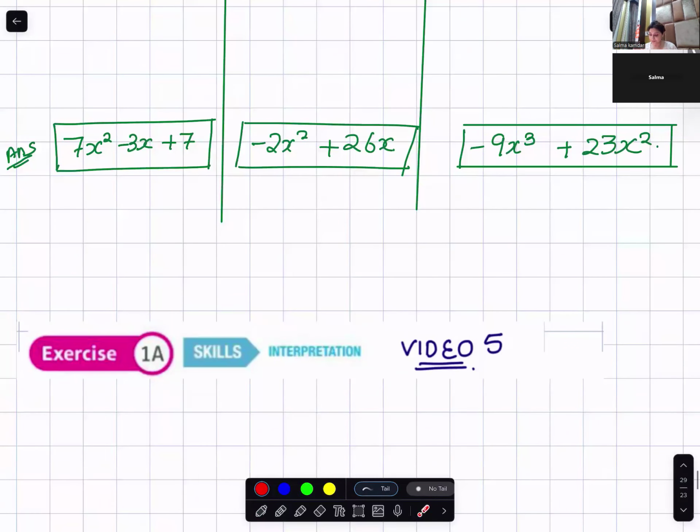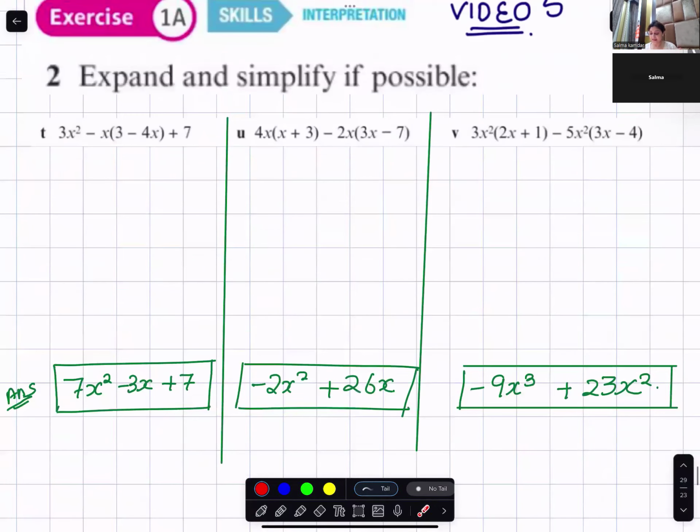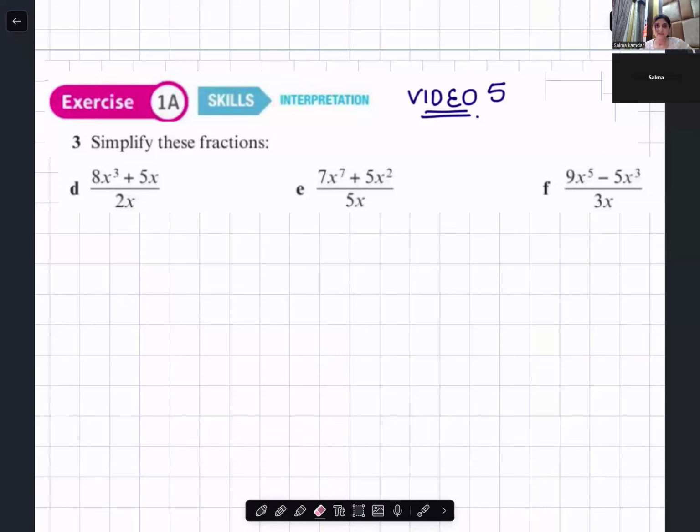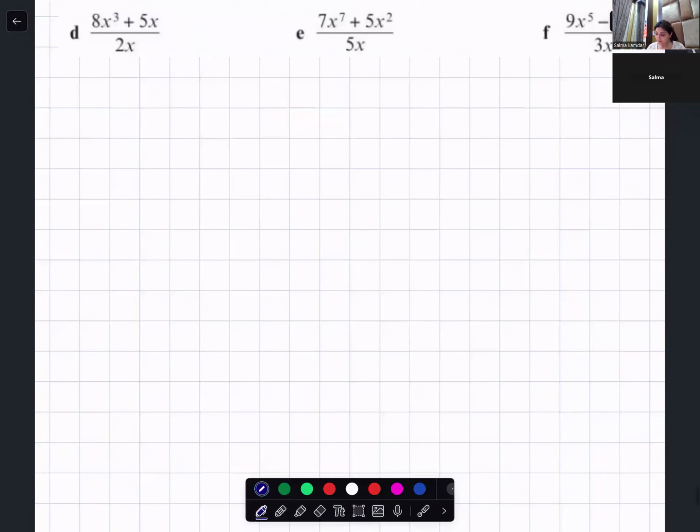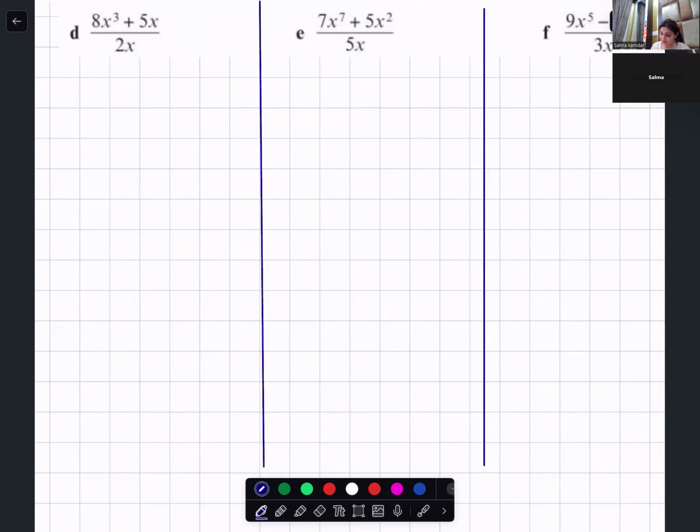So now we are going to do the C part of exercise number 1A, which would be simplifying the fractions. Let's go to simplifying the fractions. You know that the denominator would be given to every term of the numerator. So if I am simplifying the fractions, it is going to be 8x cubed over 2x plus 5x over 2x.